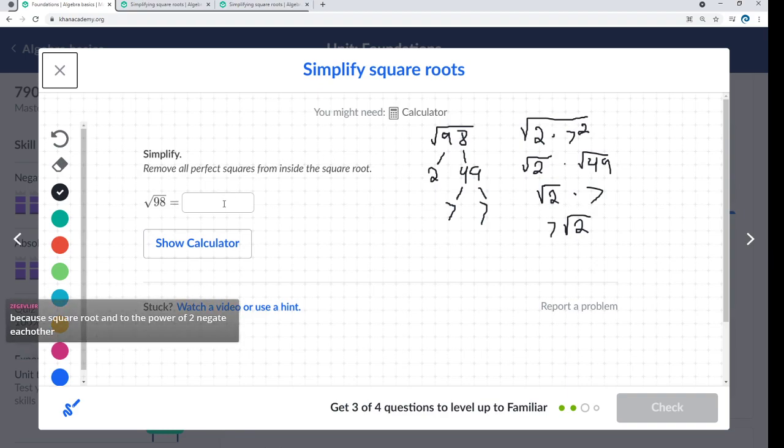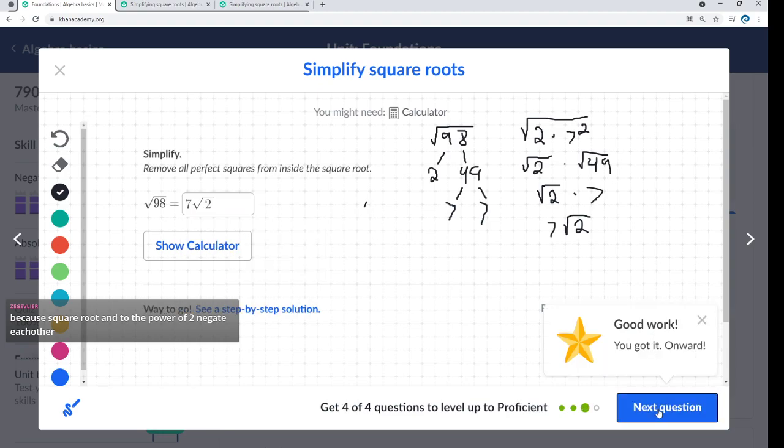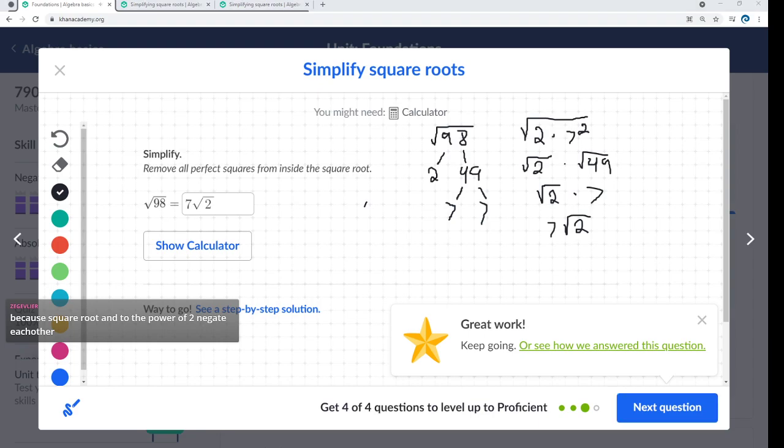So is that it? I'm gonna try before you all answer. Oh my goodness! Because square root and to the power of 2 negate each other. Right. So it makes it kind of silly to write it out that way, doesn't it?